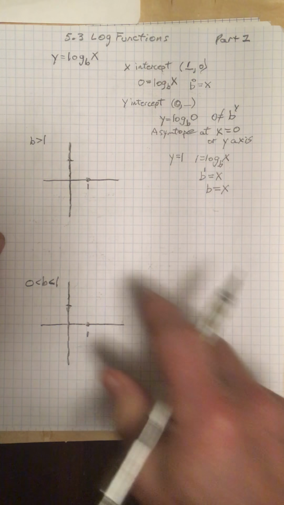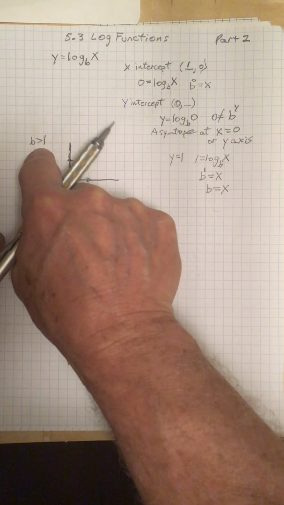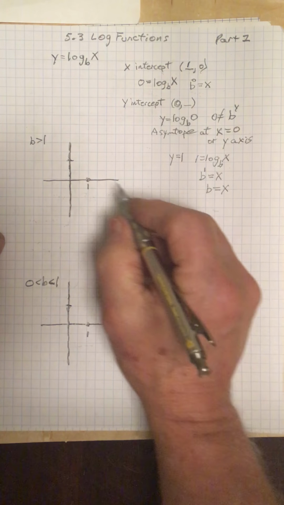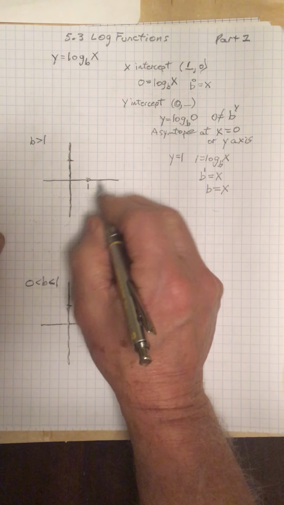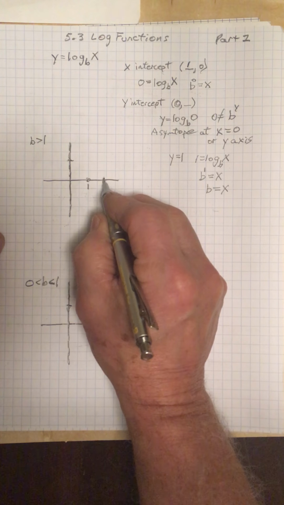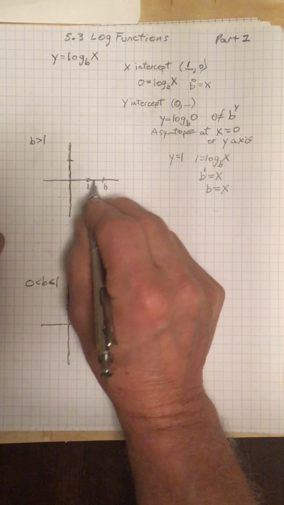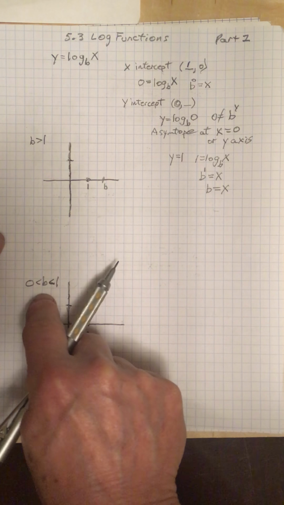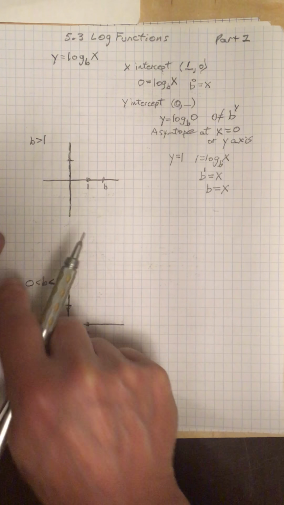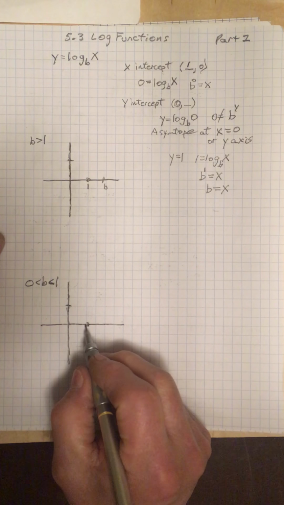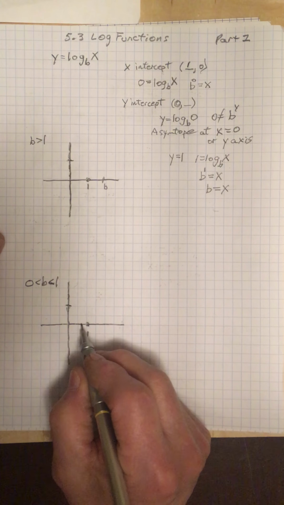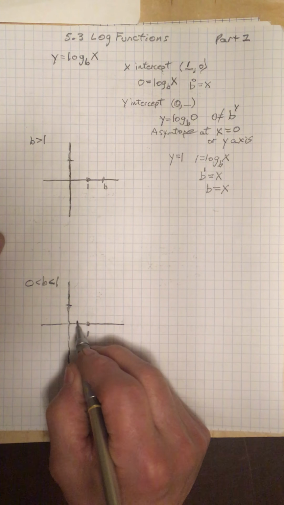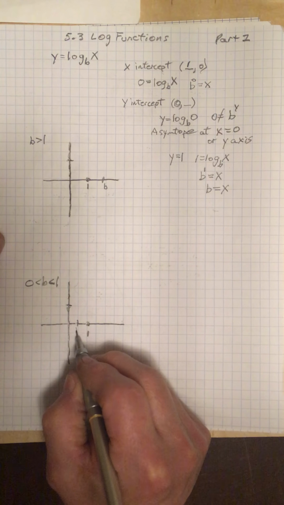Here's the difference. For b greater than 1, that means the base is somewhere out here. Let's just pick a random point. We'll call that b. It could be anywhere to the right of 1. If b is less than 1 but greater than 0, that means the base is somewhere in here. So let's just again choose something. It doesn't matter.